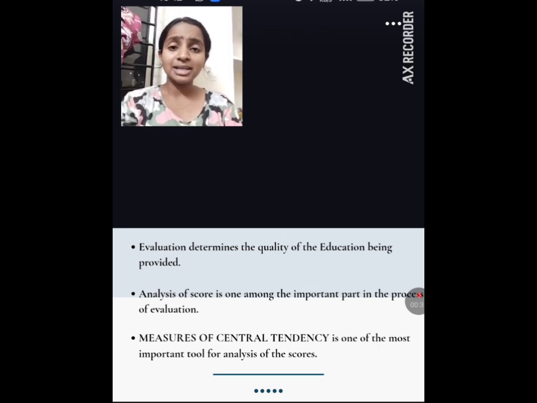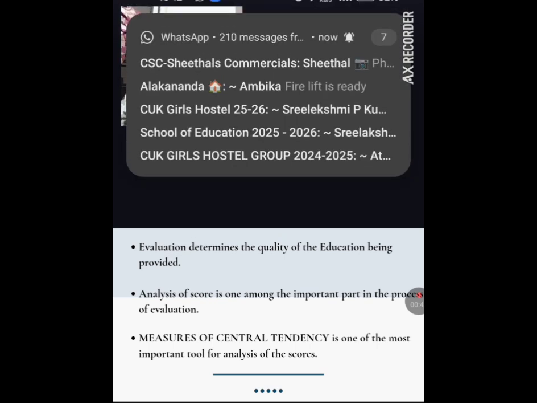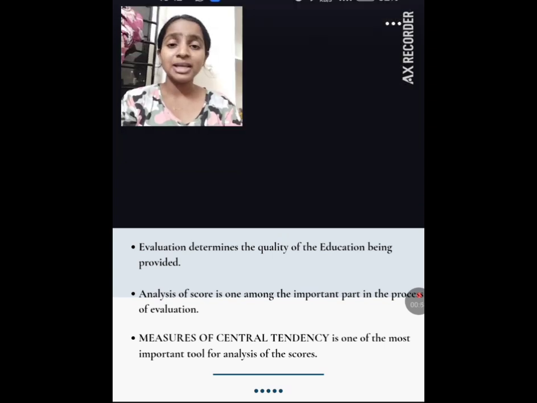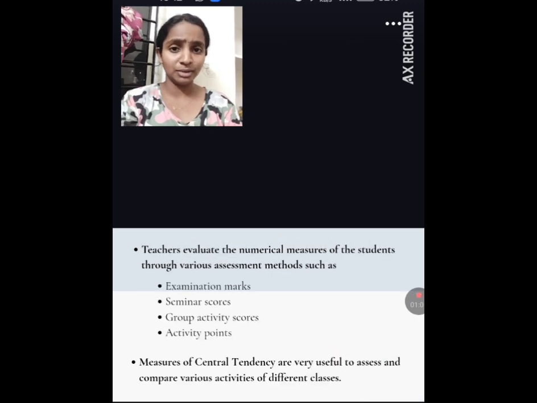So analysis of scores is one of the important parts in the process of evaluation, and measures of central tendency is what I am going to discuss in this video. It is a statistical tool which helps teachers analyze students at the very basic level. In any evaluation process, there will be some kind of numerical data involved.